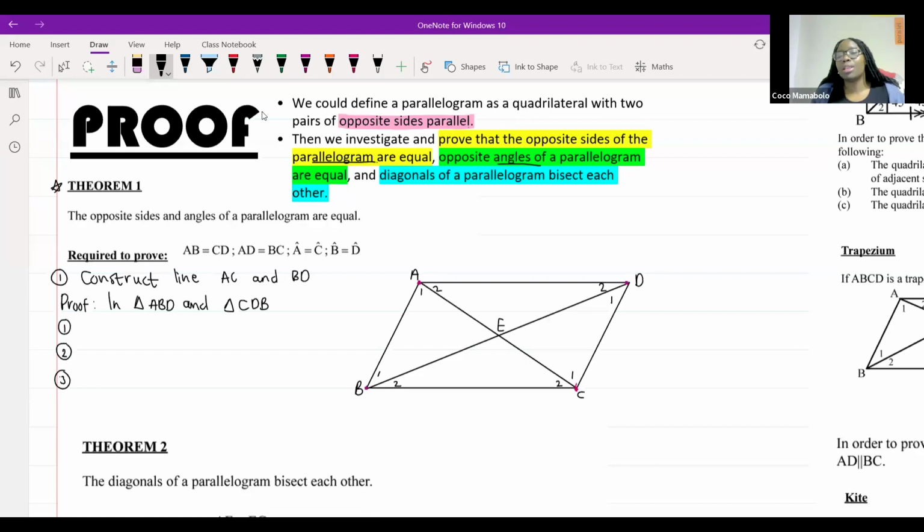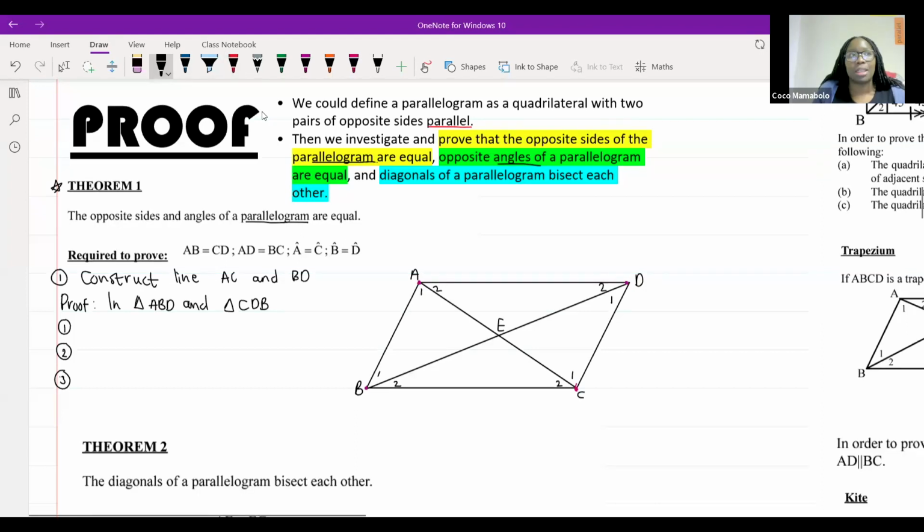Now, here's the nice thing for us. In this write-up that we've got up top here, it says that we're proving the opposite sides and angles of a parallelogram. And in this definition that we've been given over here, it says we could define a parallelogram as a quadrilateral with 2 pairs of opposite sides being parallel.